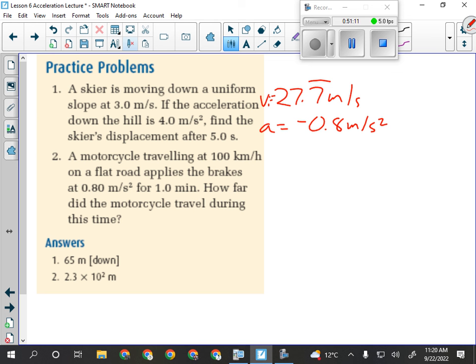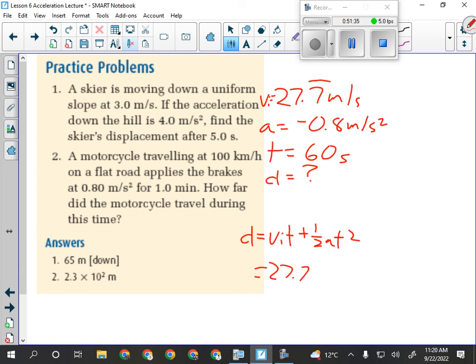Okay, so then we got 1 minute, so a time of 60 seconds. How far did the motorcycle travel during this time? So I'm looking for D, and this time I'm looking for a distance. I'm not going to put a vector on this. They didn't give me enough vectors, so I'm actually solving for a distance here. So D equals VI times T plus 1/2 AT squared.